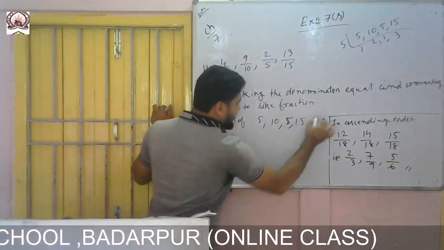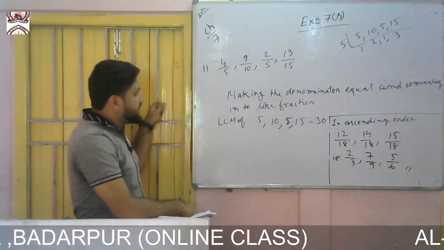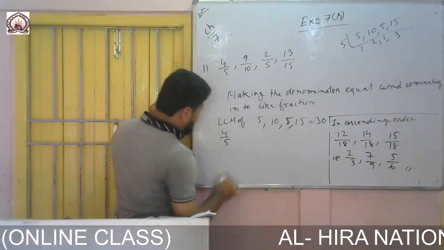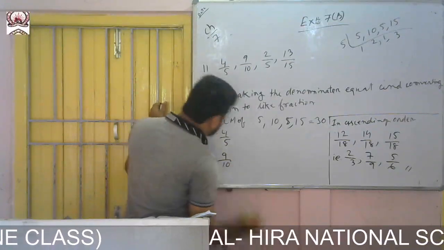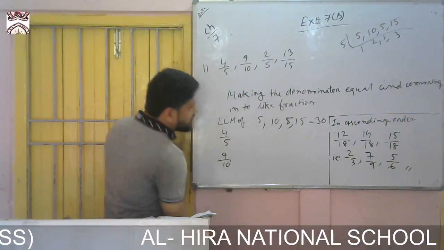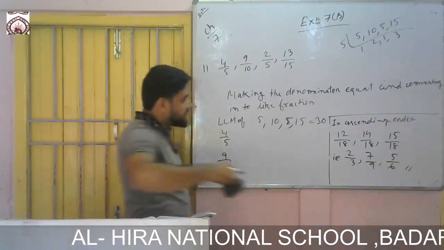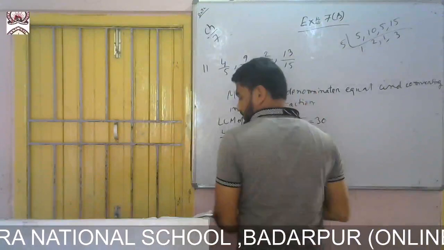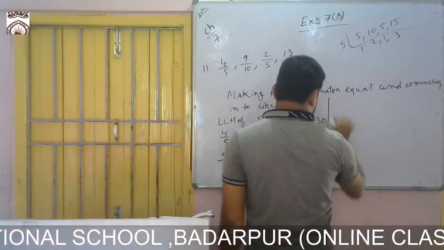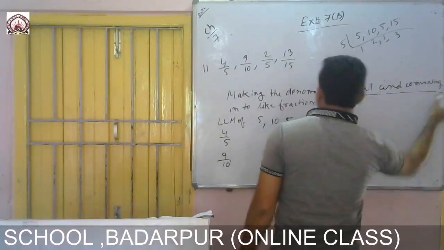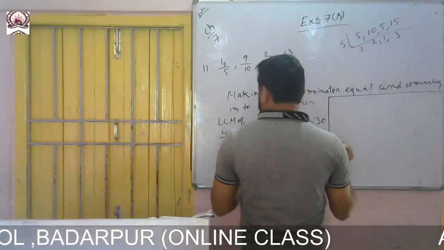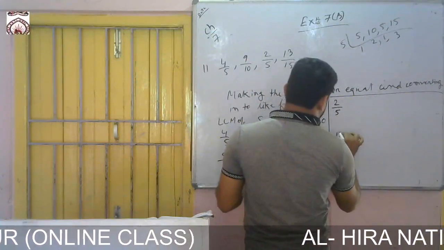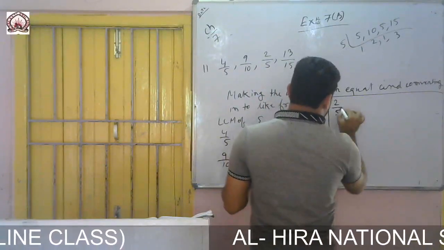Now 4 by 5, 9 by 10, then next 9 by 10, then 2 by 5, then 13 by 15.